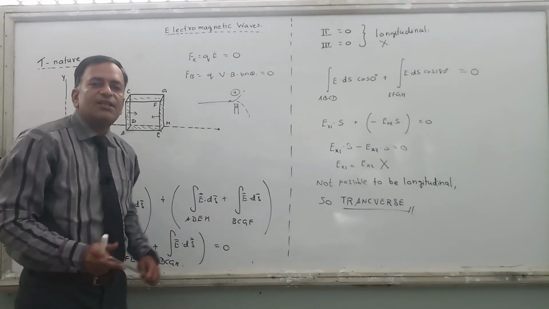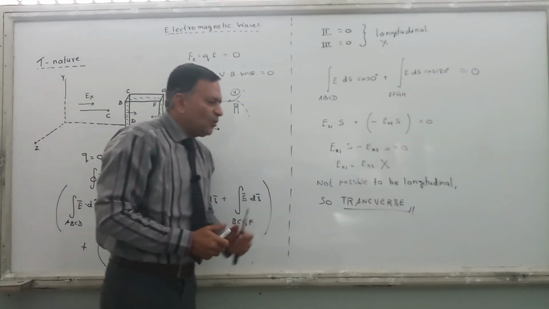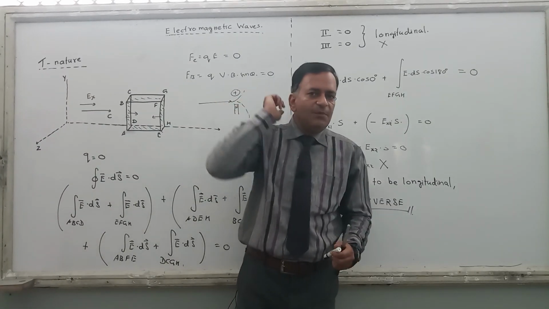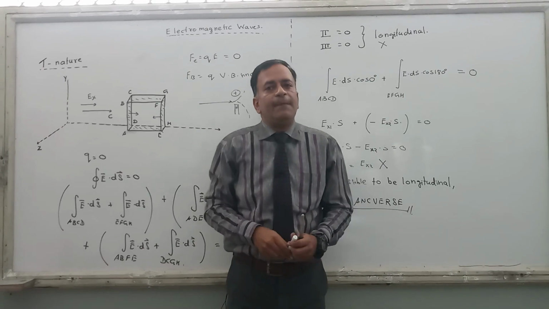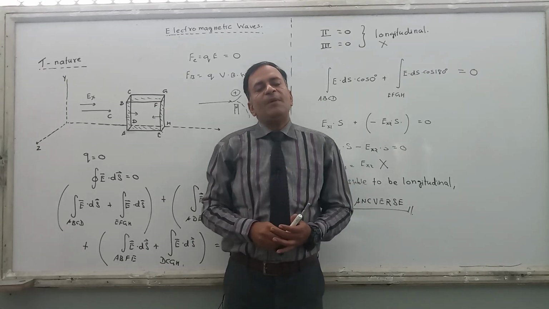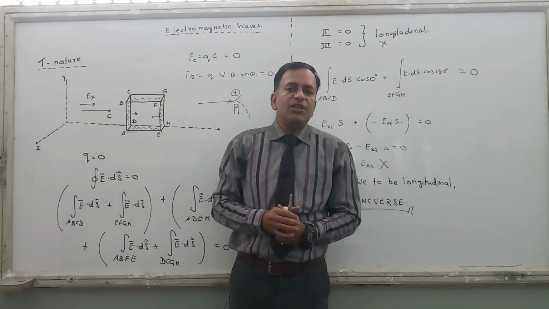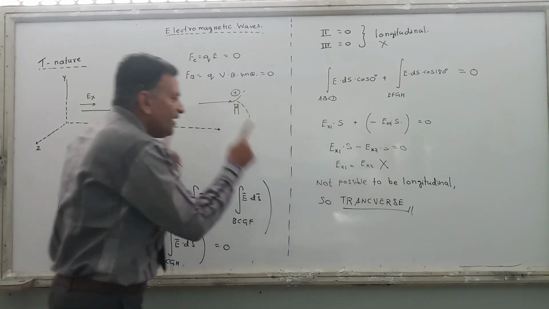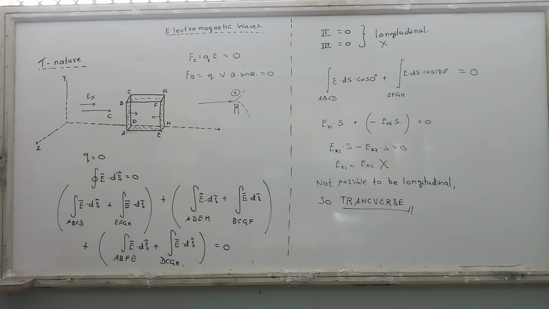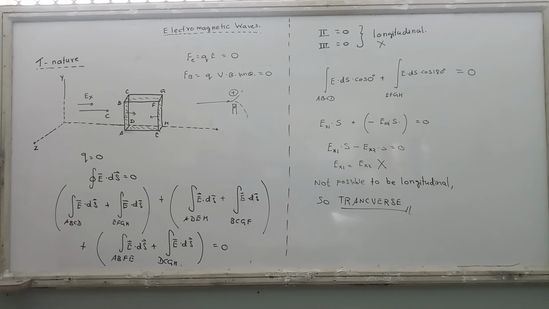They are transverse waves. तो in this proof हमने सीधा सीधा कान नहीं पकड़ा, हमने घुमा के कान को पकड़ा है, ठीक है. We wanted to prove that electromagnetic waves are transverse in nature, and what we have proved? We have proved that electromagnetic waves are not longitudinal. Now if they are not longitudinal, they have to be transverse.